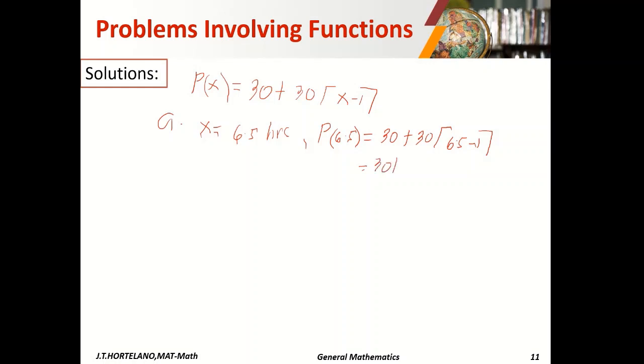So this is 30 plus 30 times ceiling of 5.5. What is ceiling of 5.5? That's 6. So we have 30 plus 30 times 6 is 180 plus 30 is 210 pesos. Okay? So therefore, ang babayaran niya ay 210 pesos.